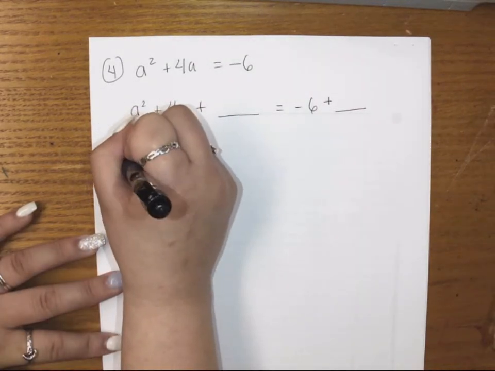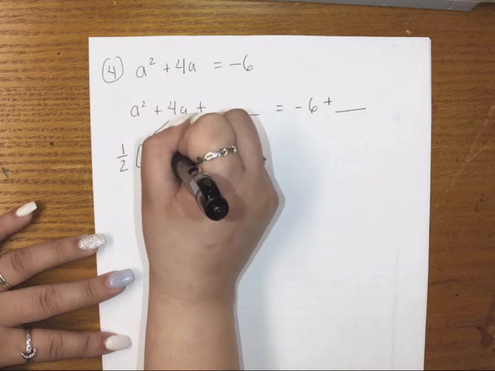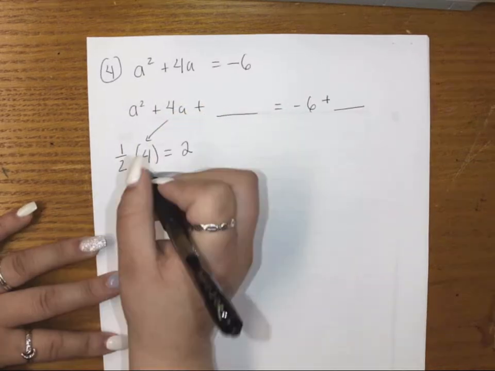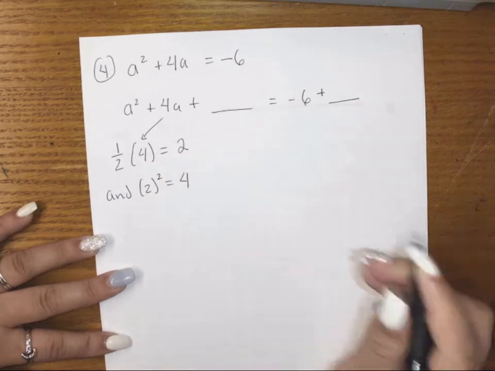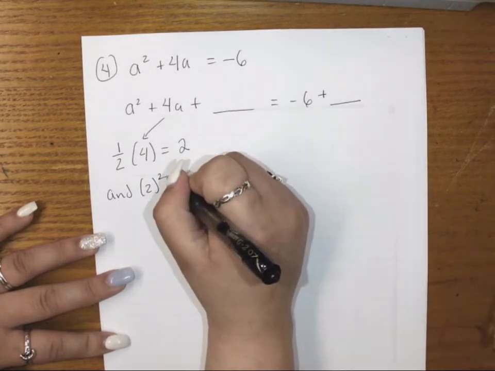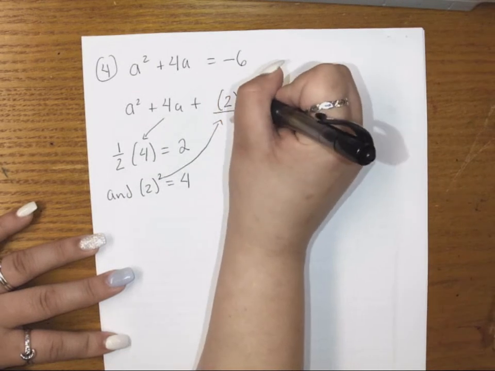So we take half of the number in front of a. We take half of 4, and half of 4 is 2. And we have to take 2 and square it, so 2 squared is 4. Remember, don't simplify it yet, just simply write 2 squared.